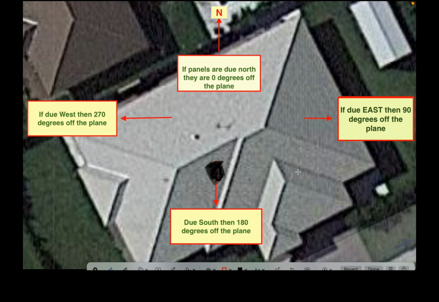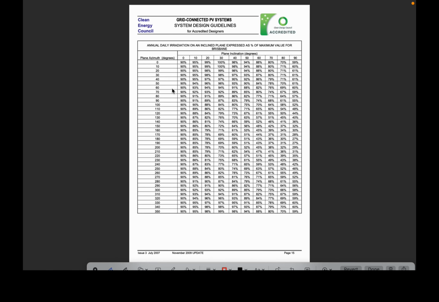If you keep that 160 degrees, and let's call this pitch 30 degrees, you'll see that the efficiency is 71%, which is less than 30% less than if it was just facing due north. So this is where it gets interesting.